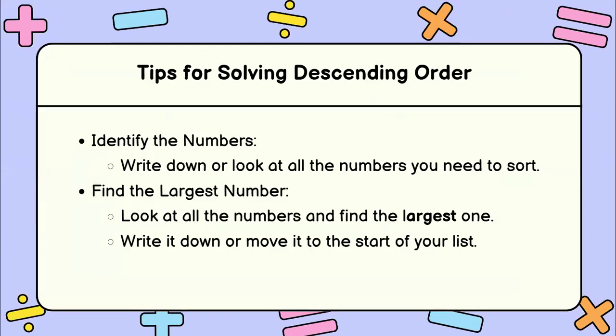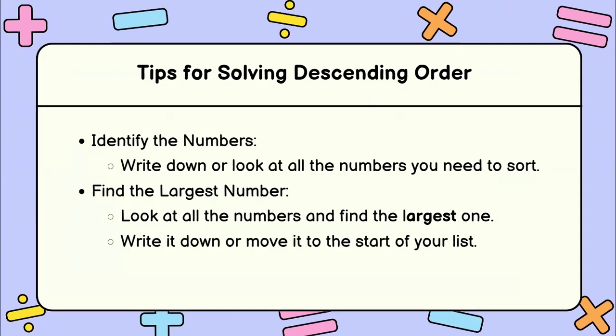So, the tips for solving descending order are quite the same as the tips for solving ascending order. First, we need to identify numbers so that we can find which is the largest.